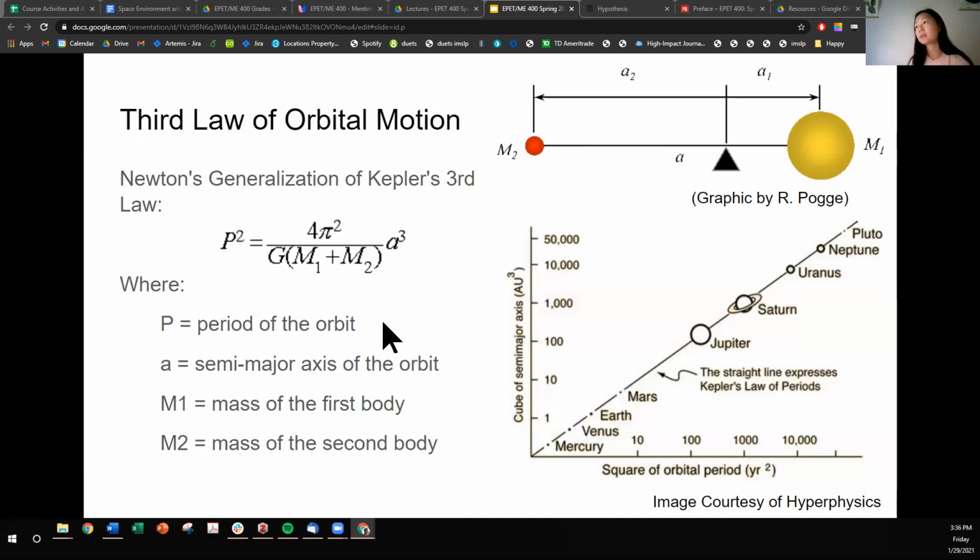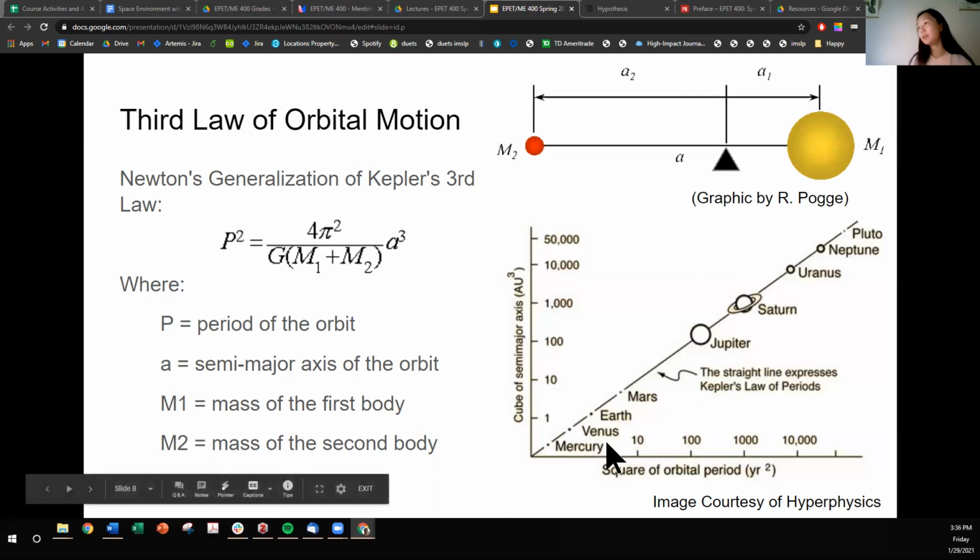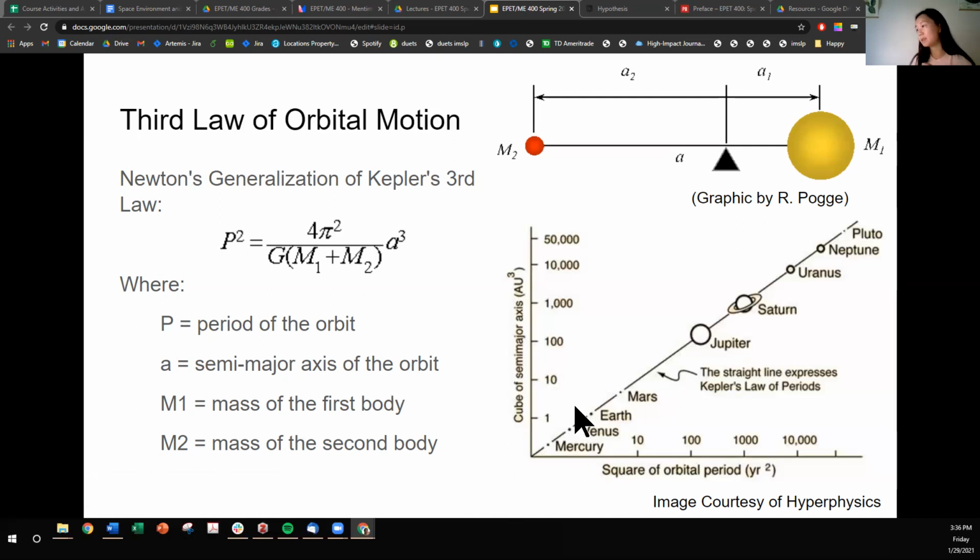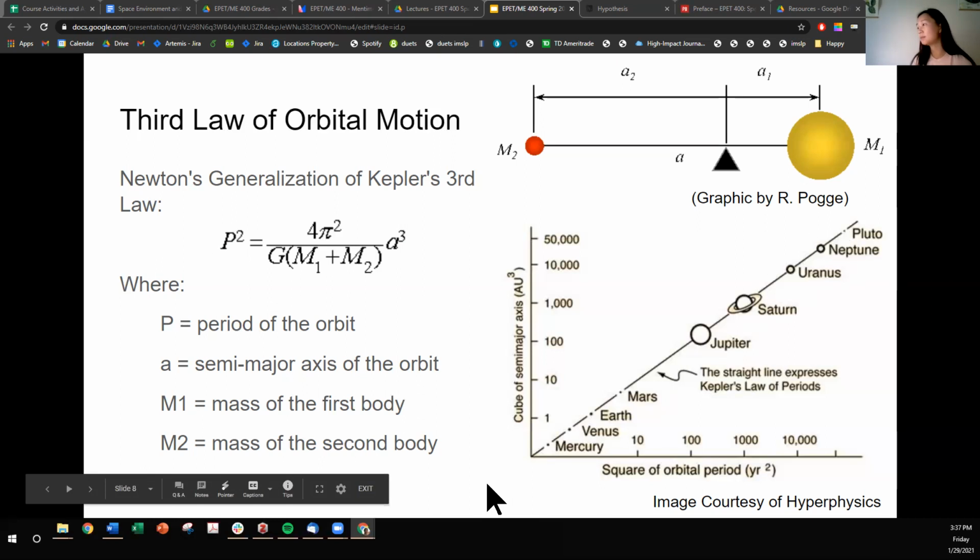Those things stay constant in an orbit, and you'll notice that it's P, the period of the orbit, and A, the semi-major axis of the orbit, that are really dictated by each other. So those can change.